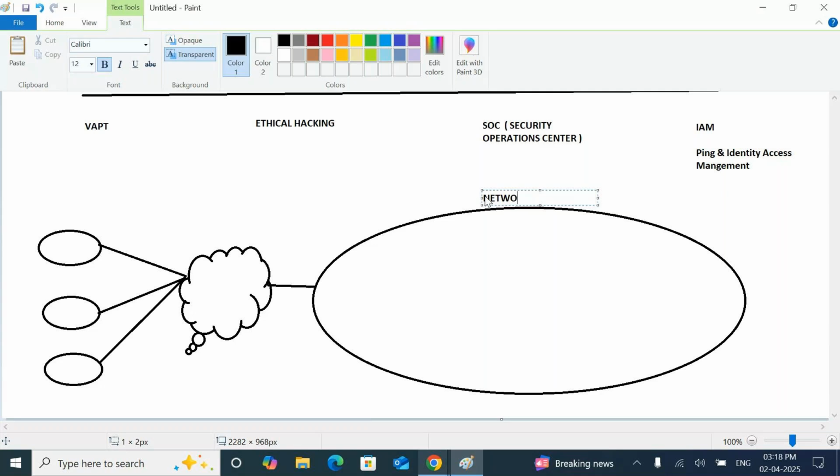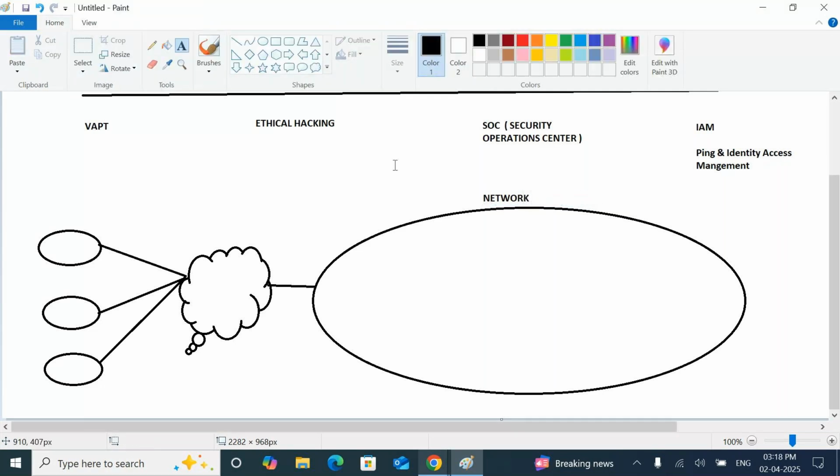This network consists of a lot of devices like routers, switches, database servers, IoT devices, and security devices, whatever it may be.